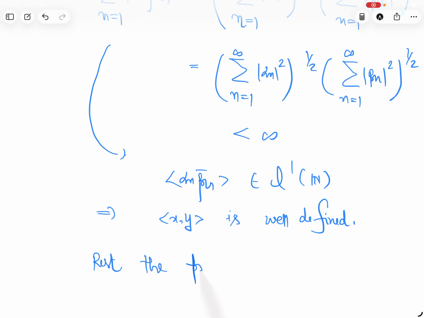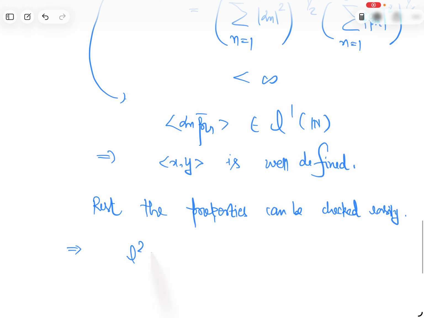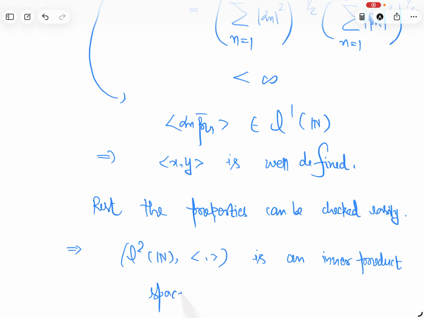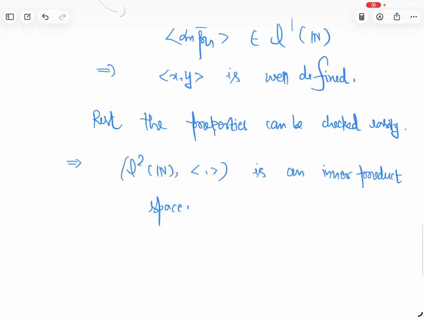So l2(N) is an inner product space. Actually, we can also define l2(Z).